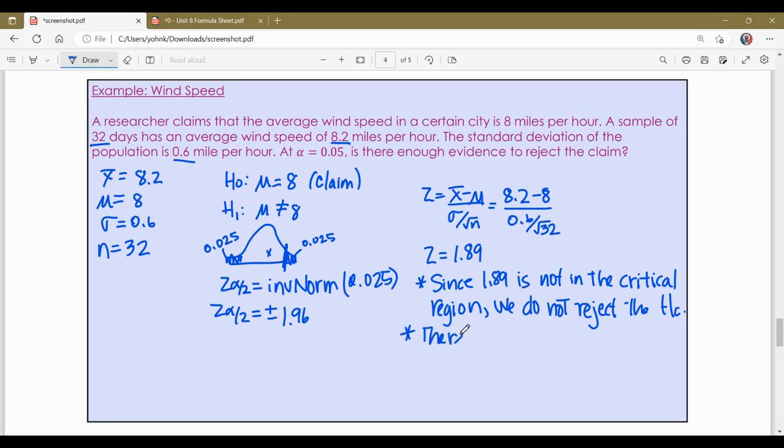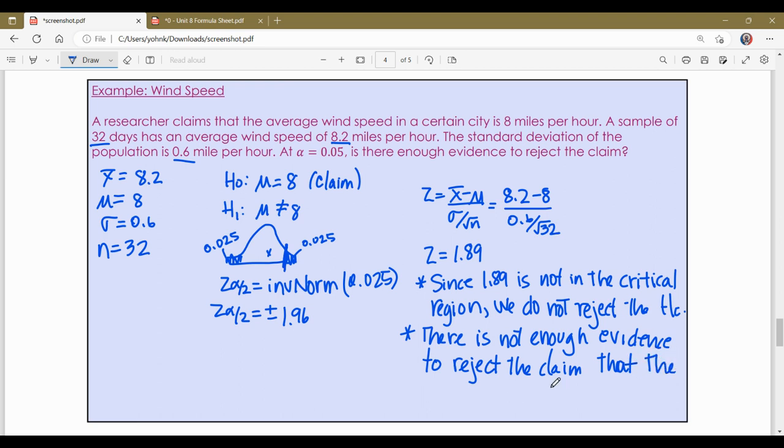So there is not enough evidence to reject the claim that the speed is 8 miles per hour. So since we're not rejecting the null, and the null is our claim, then we're not necessarily going to reject the null. So that's how we get our final sentence.